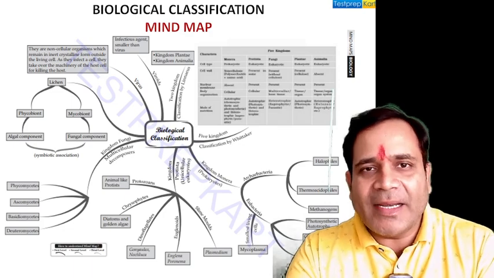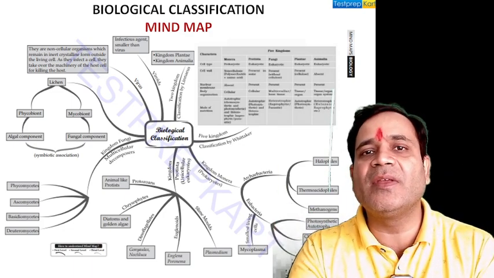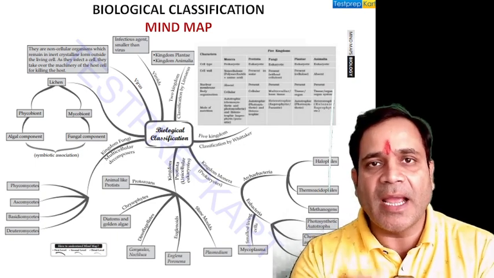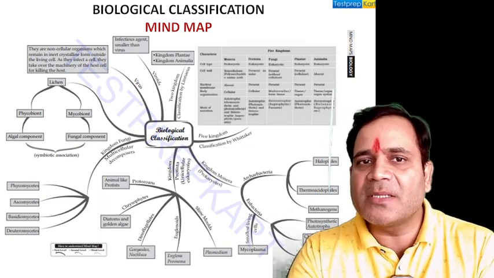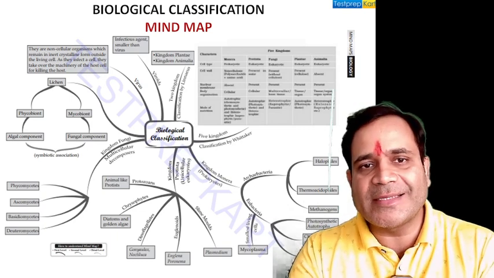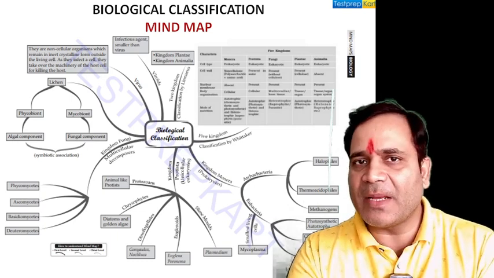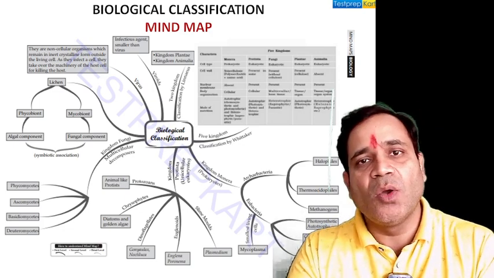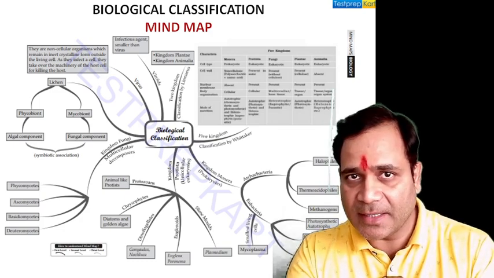Okay, so let's see how we summarize all the things whenever we learn and read this. One thing I'd like to clear, my dear: this mind map is only helpful for those students who have already studied this chapter.